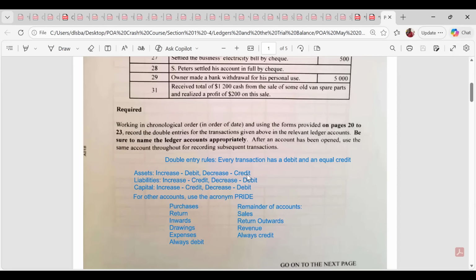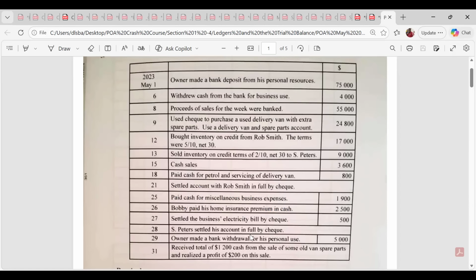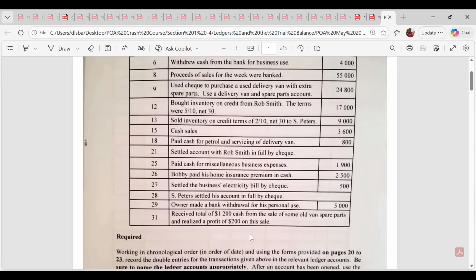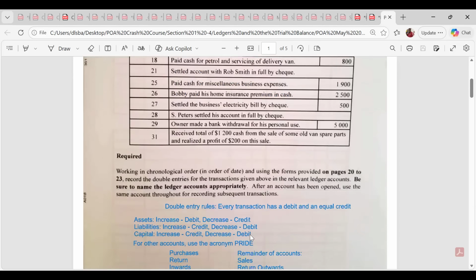PRIDE is always debited. The remainder of accounts, sales, return outwards, and revenue, are always credited. Using this information, we're going to go through each of these transactions, see what accounts would be affected, and if we're going to debit or if we're going to credit.